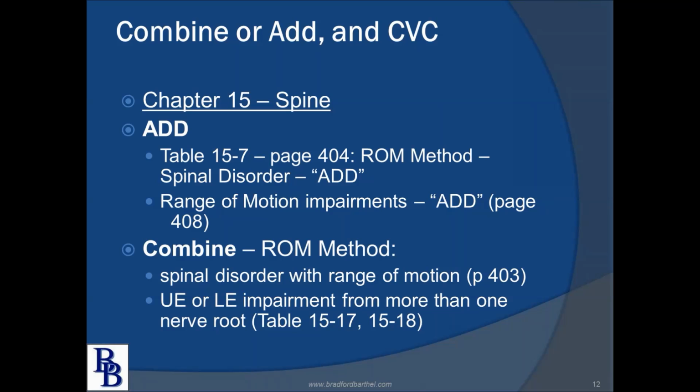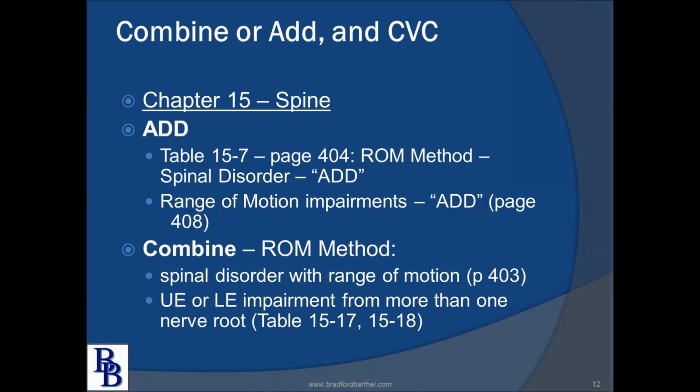So in chapter 15, we add when we're doing range of motion method, specifically if we're looking at table 15.7 on page 404, we may have 2 or 3 different spinal disorders that we're dealing with for the same injury, and if we do, those would be added.